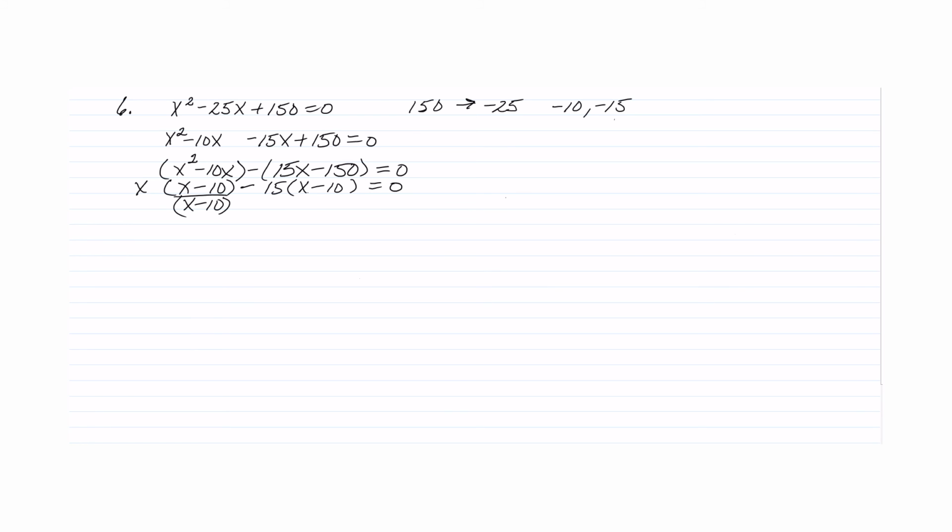So factoring out our common factor of x minus 10, we're left with x minus 15. Set each factor equal to 0. And we're going to get x all by itself on one side.